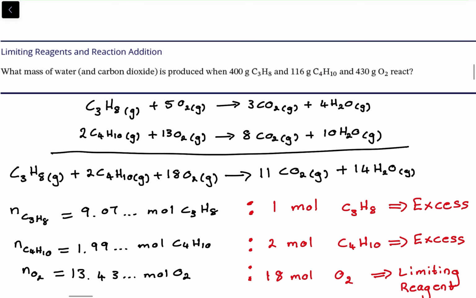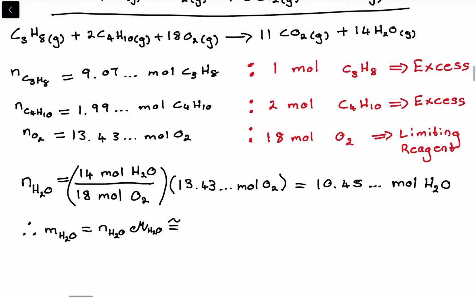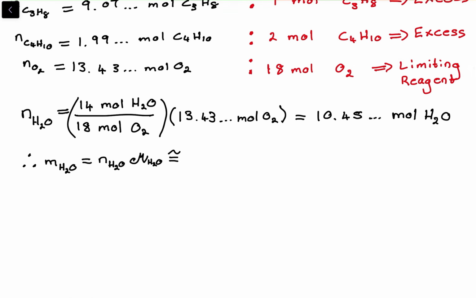Oh, there's not a dot in any of these cases. So the 400 is without a dot, so it means it's 1 significant figure. In other words, your answer here is going to be 200 gram. Okay. It's 200 gram water that is formed.